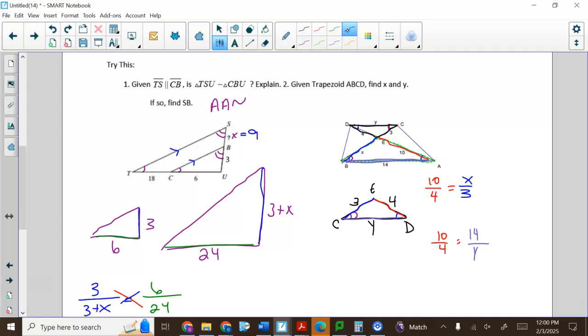So if we cross multiply, 10 times 3, that'll give us 30 equal to 4x. And then we can divide by 4 to get 7.5.